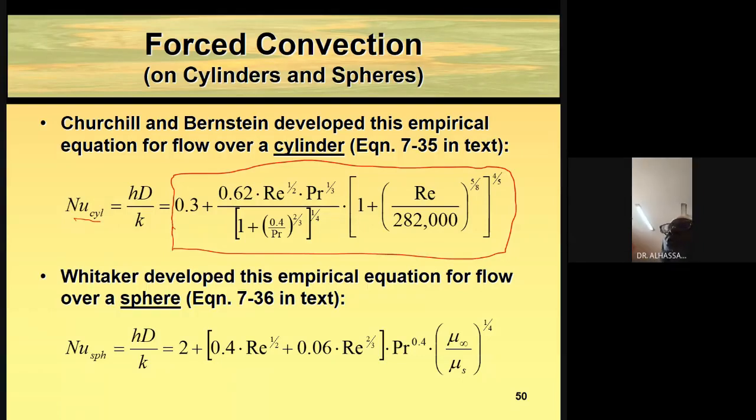So if you are asked to calculate, let's say, the heat transfer across a cylindrical surface, the first thing is that we need to use this particular equation to determine the Nusselt number.